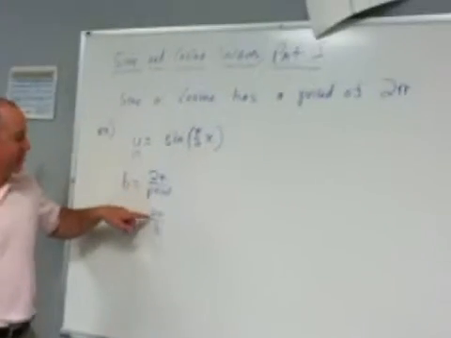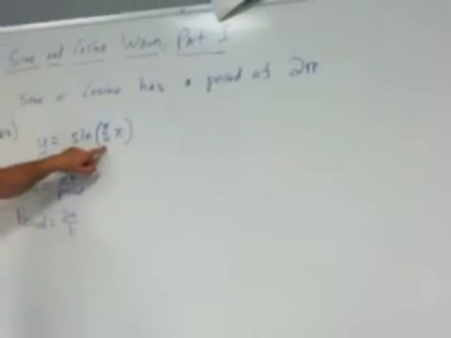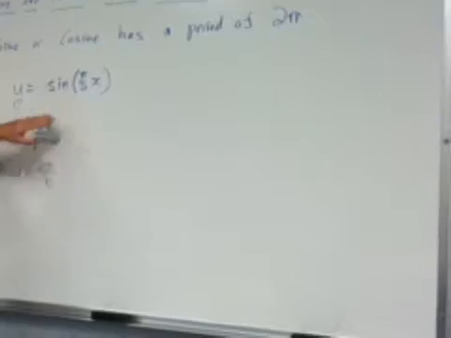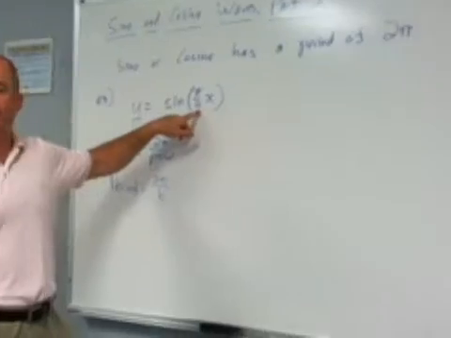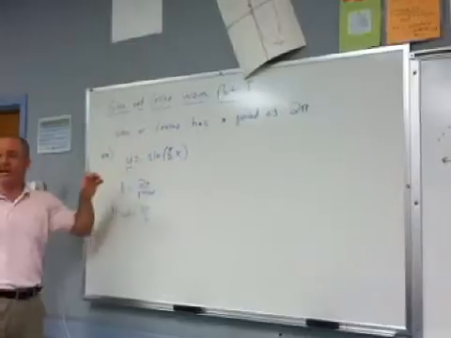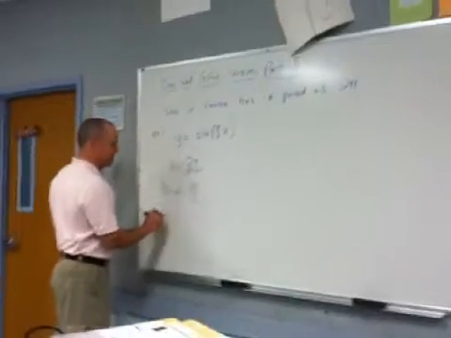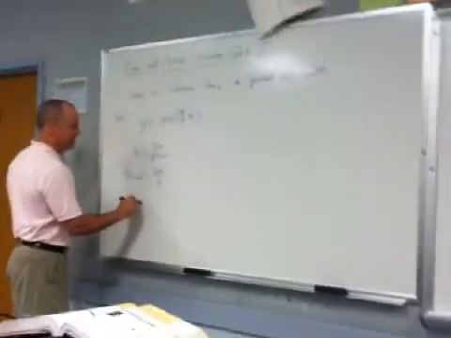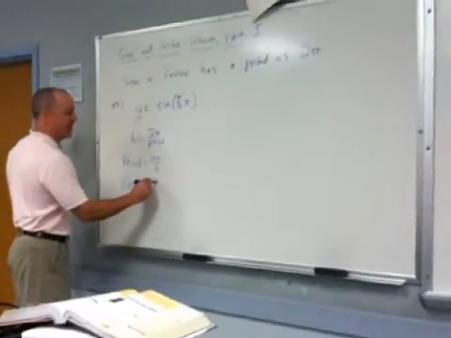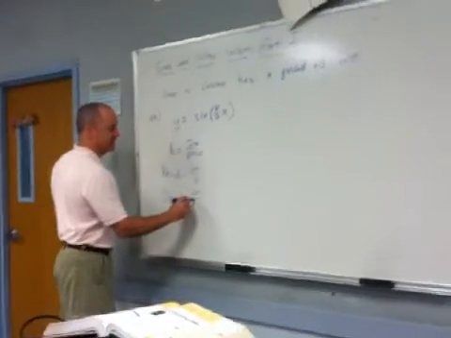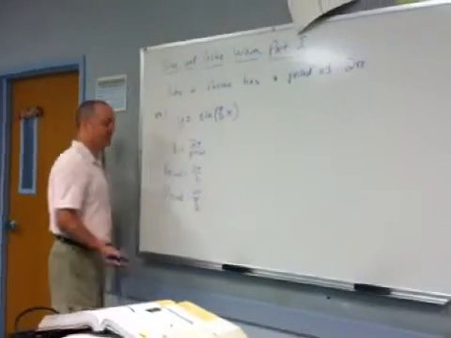So if I divide 2 pi by this coefficient, it gives me the new period of this function. So on a sine or cosine wave, if there's a coefficient there, it changes how long it takes the wave to start repeating itself. So for this specific example, the period will equal 2 pi divided by pi over 2.